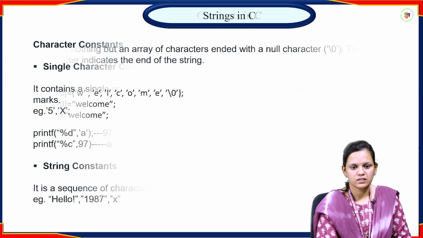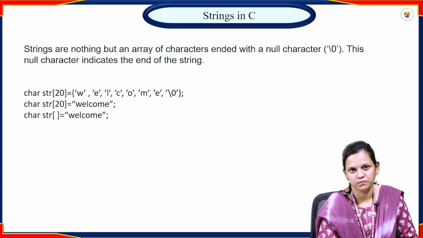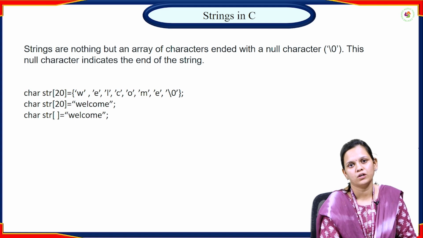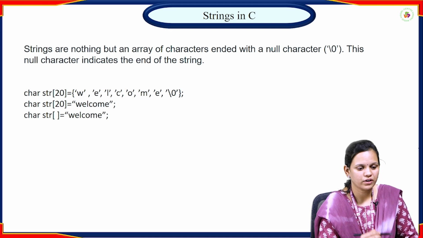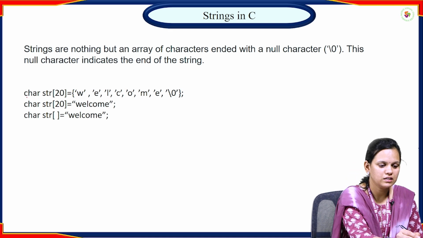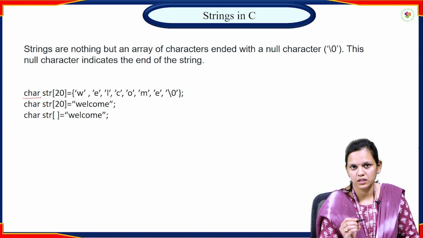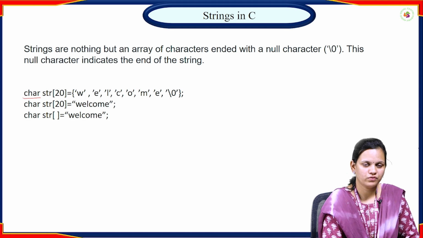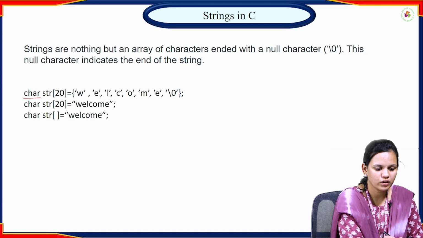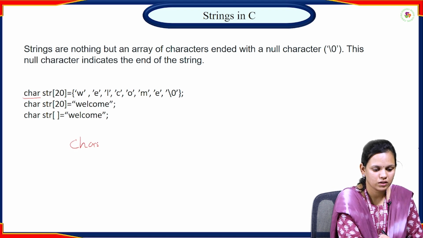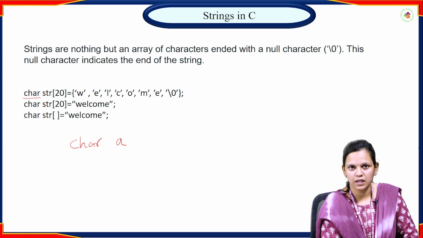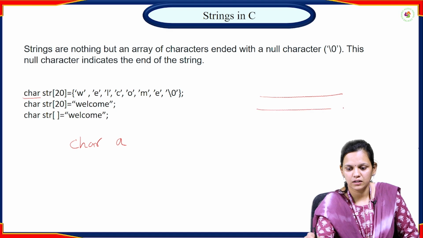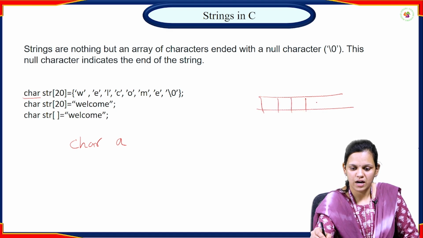The next is about strings. In C tokens we have a separate topic called string. As I said, a string is a collection of characters, so it is denoted using the data type char. Char occupies 1 byte of data, so we write the keyword char and then give a variable name.